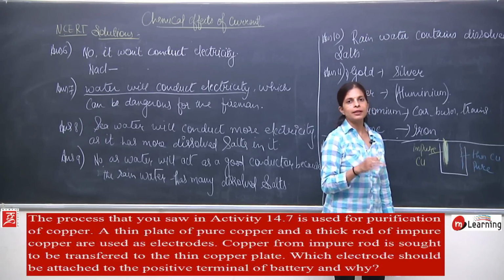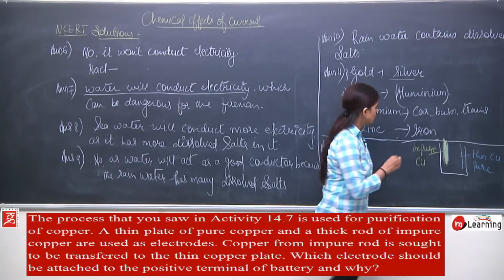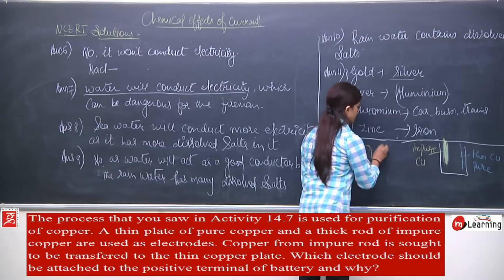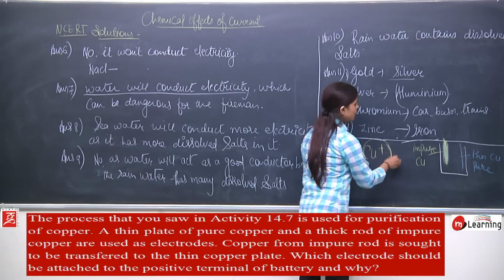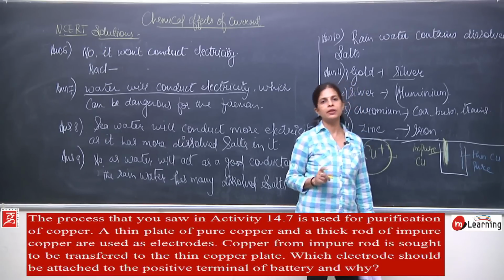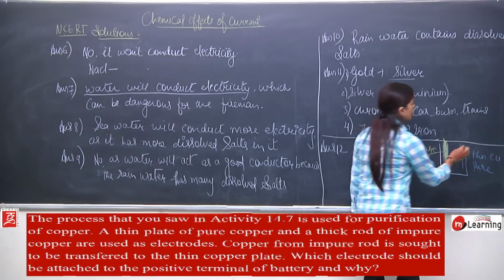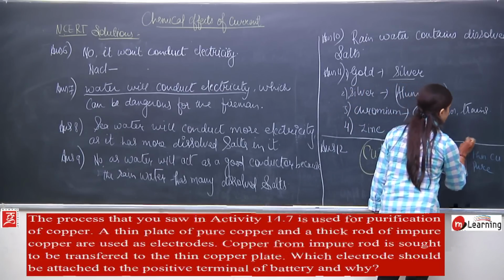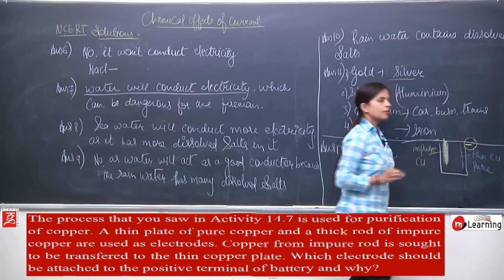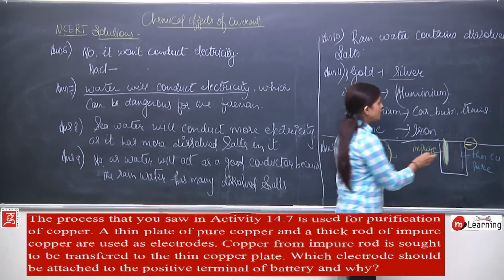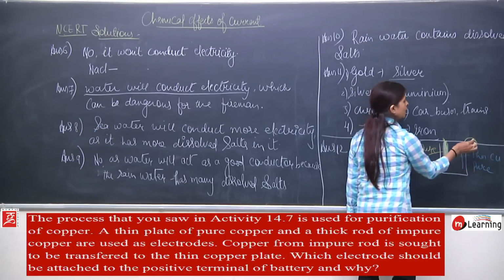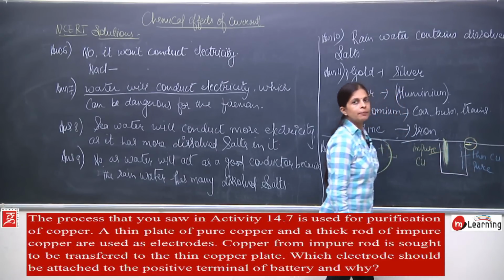So how does it have to be connected? See children, we know that copper has a positive charge and definitely it is going to get deposited on the negative terminal. So this thin plate should be the negative terminal. Why? Because we want the copper to come out from the impure rod and get deposited on the thin plate.